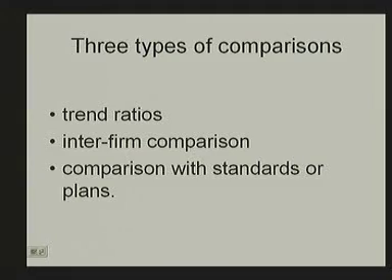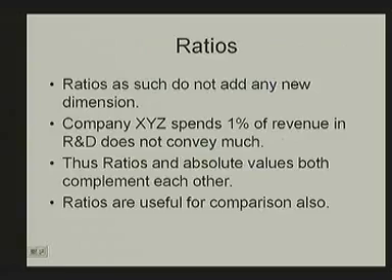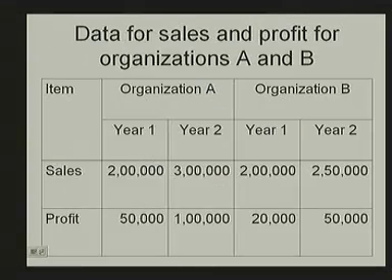Now, when I was giving you the explanation on the ratios, I have just one example for you. I have got the data for two organizations, organization A and B. You may note it down. Organization A in year 1 had sales of 200,000. In year 2 it was 300,000.